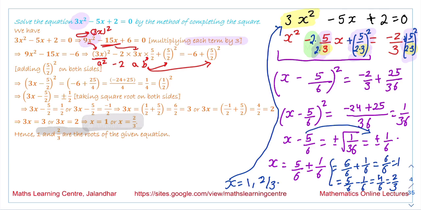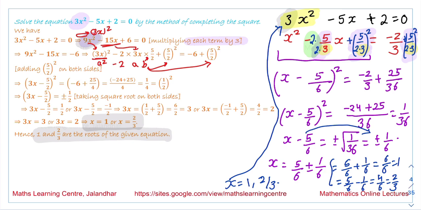So we are saying 1 and 2/3 are the roots of the given equation. So it is up to you how you want to solve these kinds of problems. Either you can divide it by 3, making the coefficient of x² as 1, or you can multiply it by 3 to make the coefficient a whole square.